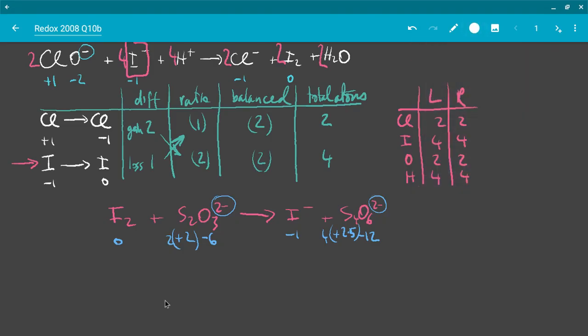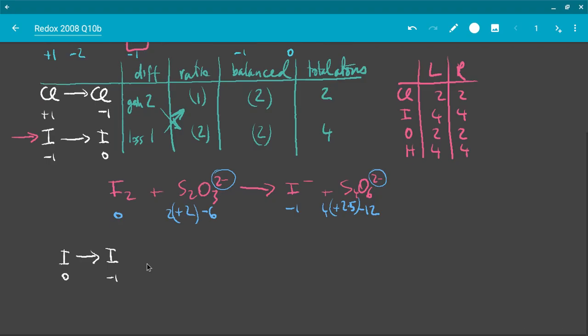So let me set up a similar table to above. What's changing? We've got iodine, going from 0 to -1, and we've got sulfur going from +2 to +2.5.